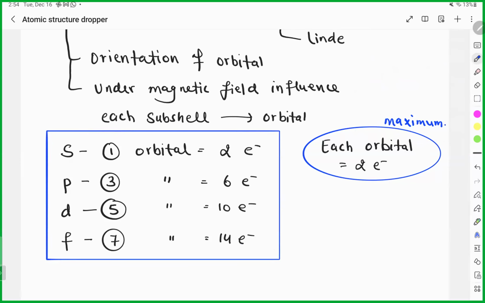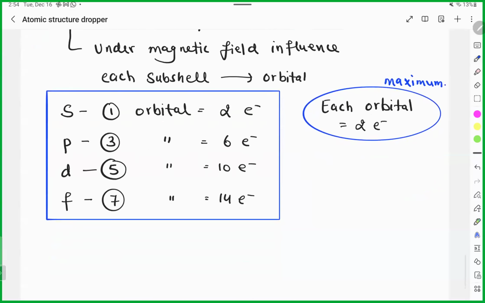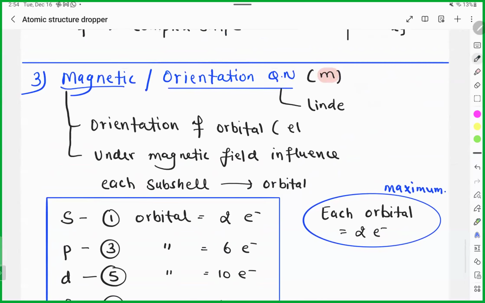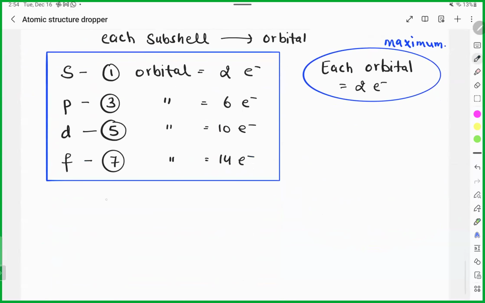Magnetic quantum number describes the distribution of electron cloud. When we say orbital, you can also say electron cloud, because here you have 2 electrons, correct, in each orbital. So it is electron cloud. What could be the number of m? From minus l to plus l.